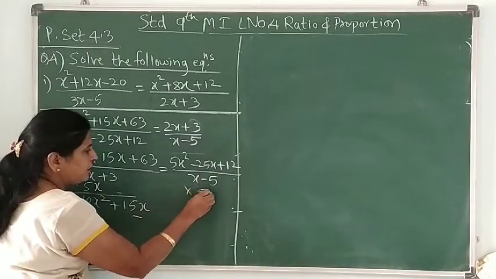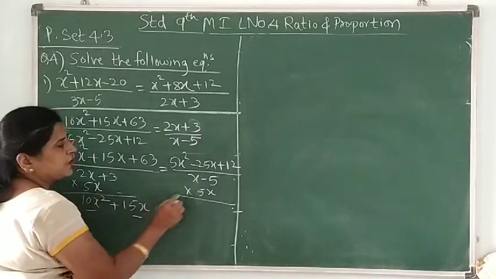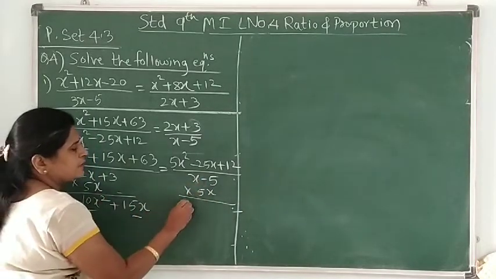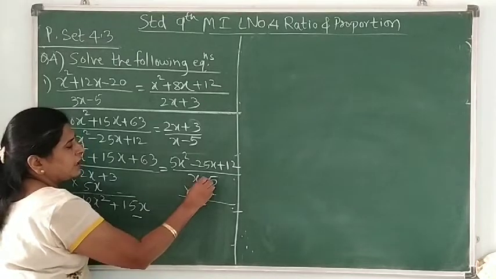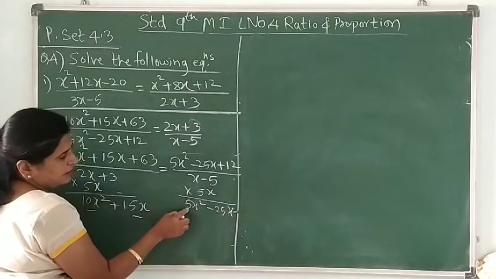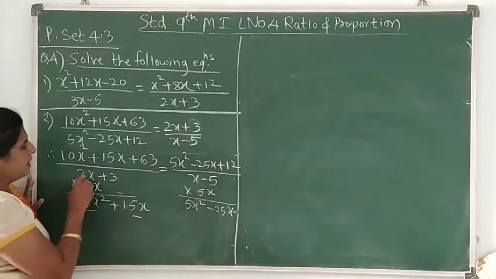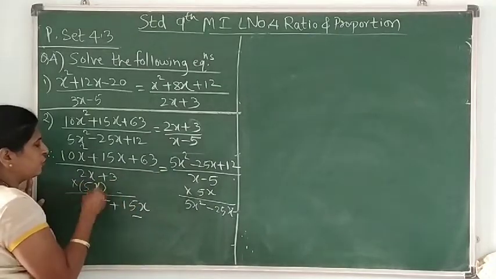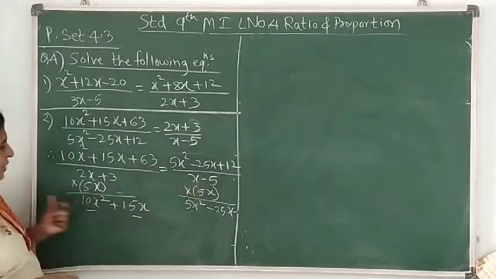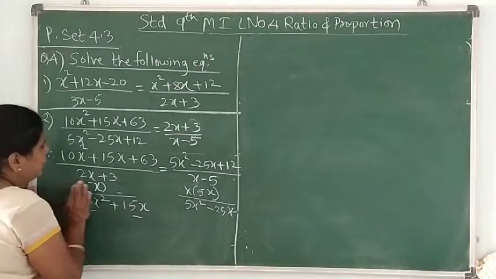Here also we have to multiply by 5x. 5x into x will become 5x square, and then minus 5 fives are 25x. So we have got 5x square and minus 25x. If we multiply this denominator by 5x instead of only 5, we can get these terms, which we can then subtract, or apply dividendo.